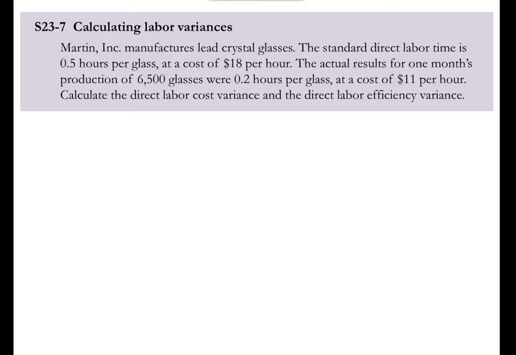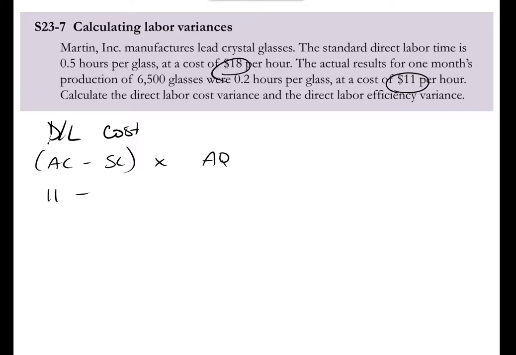So I will take, for the direct labor cost variance, the actual cost minus the standard cost times the actual quantity, which in this case will be hours. So I actually paid $11 per hour. I was expecting to pay $18 an hour. So I have $7 less per hour times the actual quantity of hours.